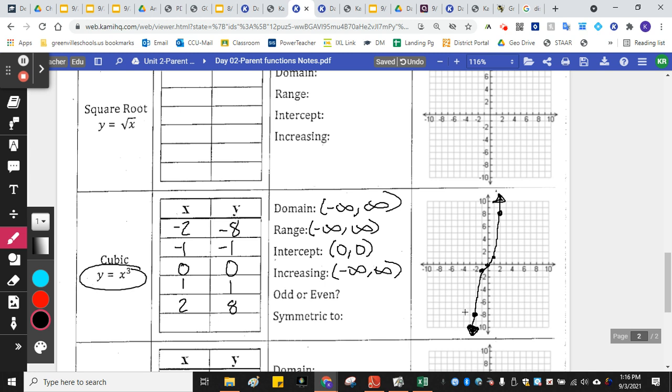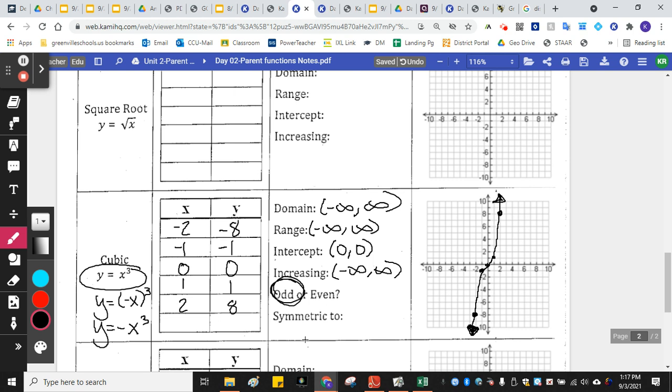Even or odd? Odd. If I plug in a negative x to this equation and cube it, negative times negative times a negative is still a negative. So it is the complete negation of the cubic function. So that's what makes it odd. You get the same equation back, it's even. If you get the opposite equation back, it's odd.